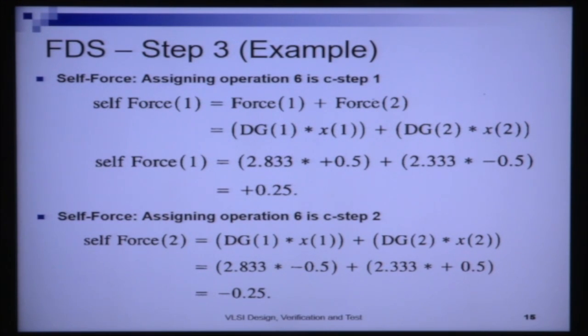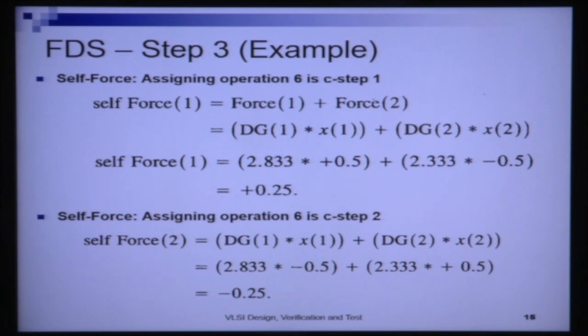The self force is the summation of the forces at time step 1 and 2 for operation V6. What is the force at the first time step? The dg value for operation 6 at the first time step multiplied by its change in probability. The change in probability: previously it was 0.5 and now it has changed to 1. So, the change in probability is 1 minus 0.5, which is plus 0.5.